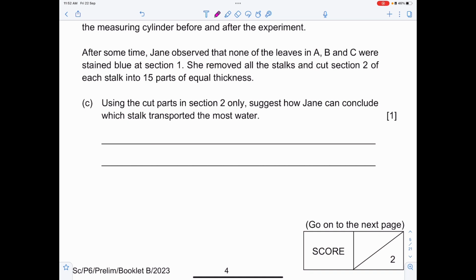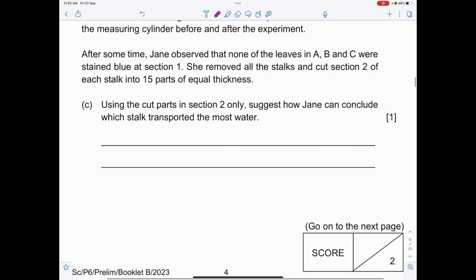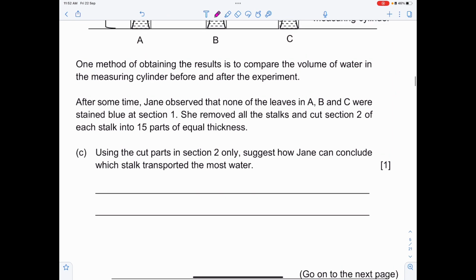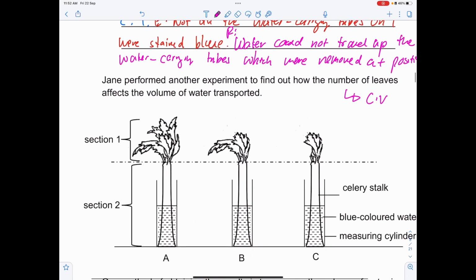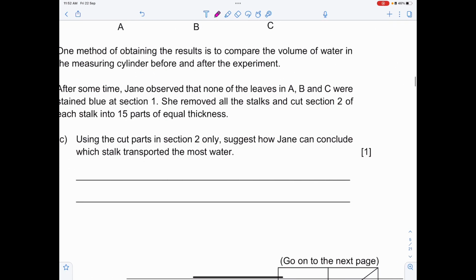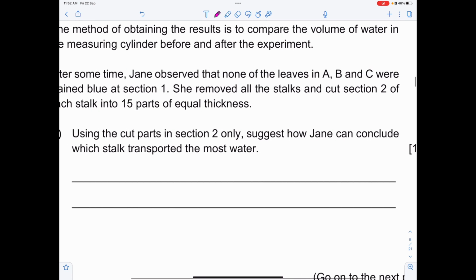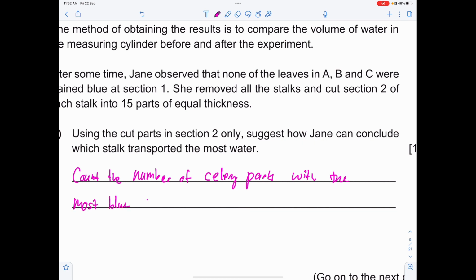So what you need to do is, this is the answer: count the number of celery parts with the most blue spots for each stalk.